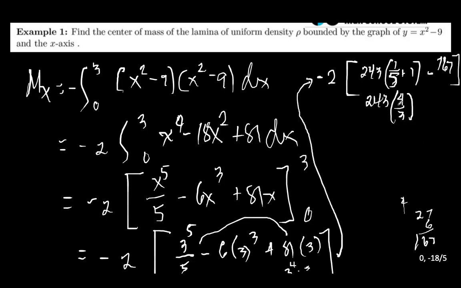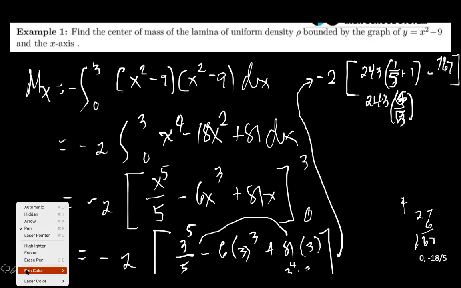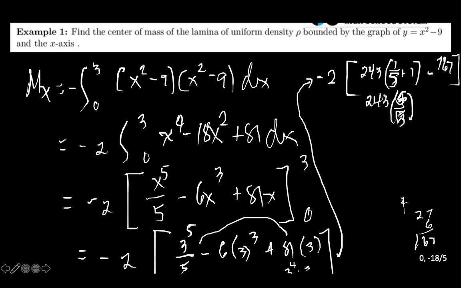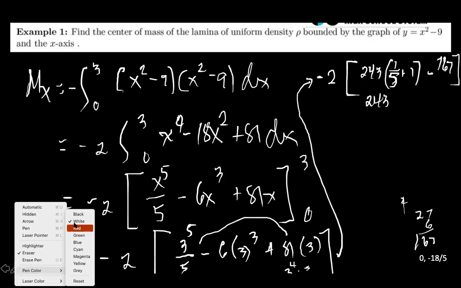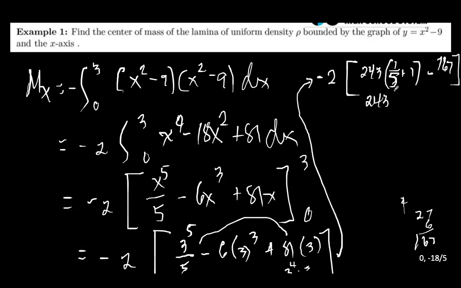So you need to write it properly. This becomes 6 over 5. Let me erase. When you solve, guys, make sure that it's clean and you have lots of space. Here we go. So this is 6 over 5 minus 162, plus 243, times negative 2.